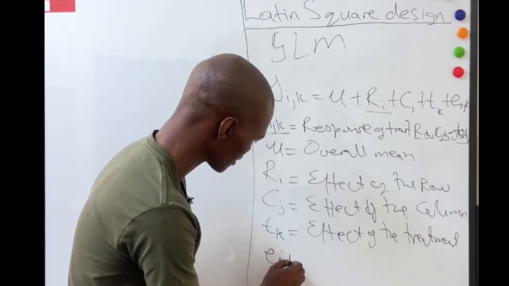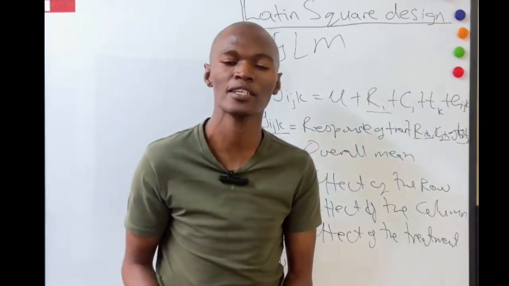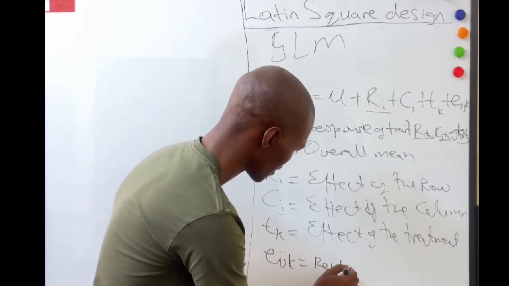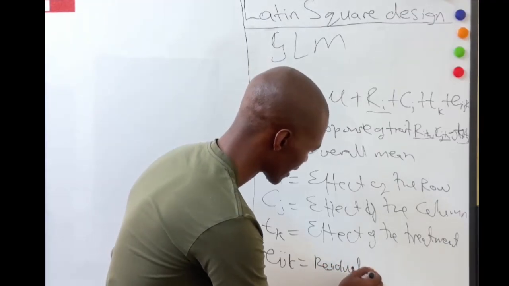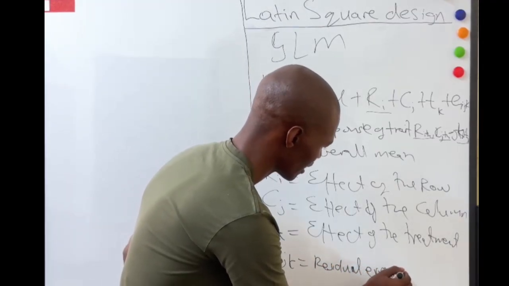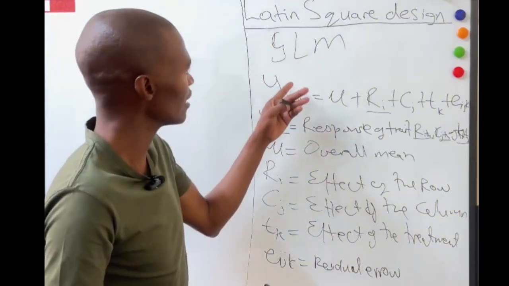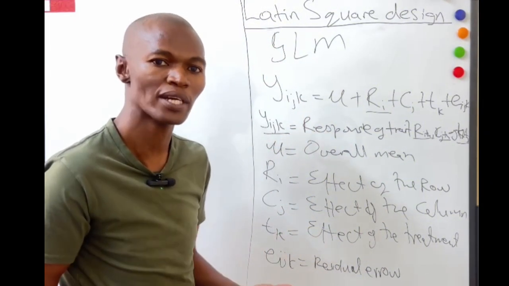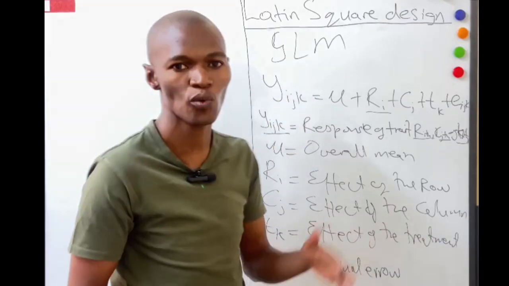As we all know, when we are doing our experiment, we have error, and we call it the residual error. So this is the general linear model that we have to apply when we analyze our data for the Latin square design.